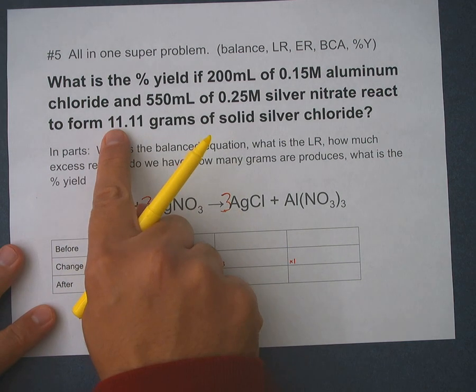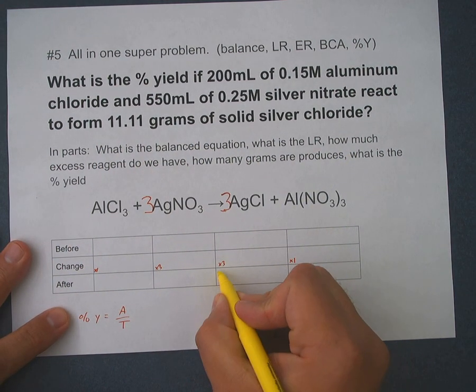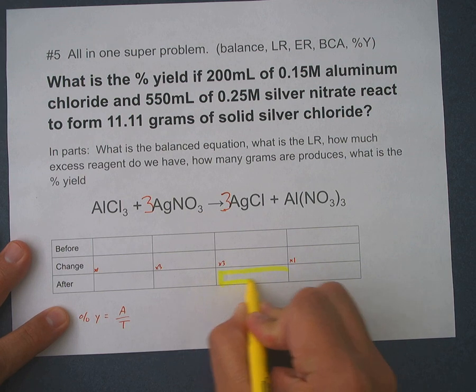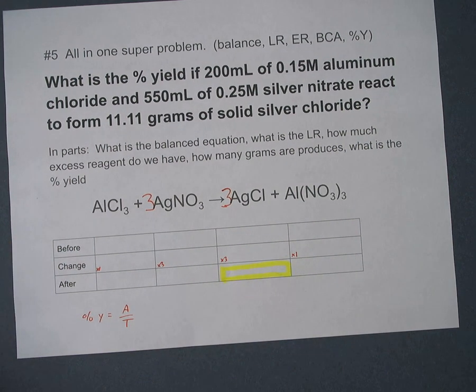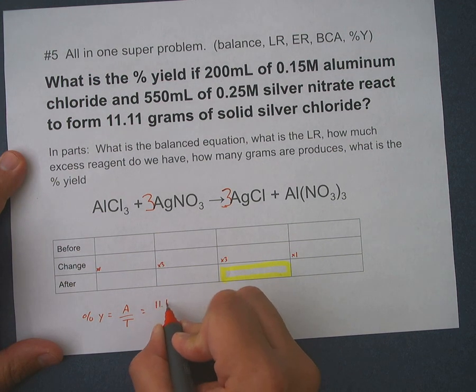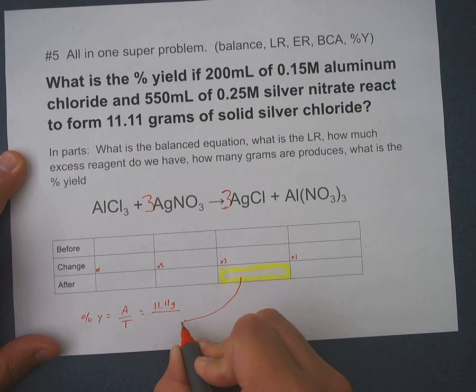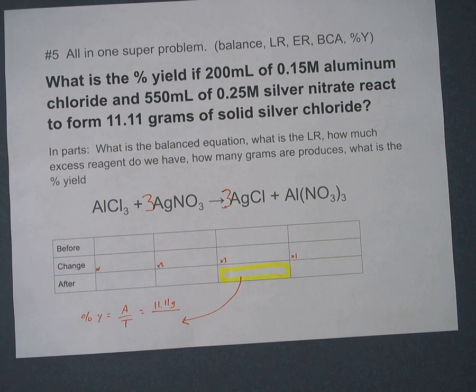And so it says that we're going to get 111 grams of silver chloride. So this is the box that we need to fill in with the theoretical yield. We know that the actual yield is going to be 11.11 grams, and whatever numbers here will go down as our theoretical yield so we can get the percentage.